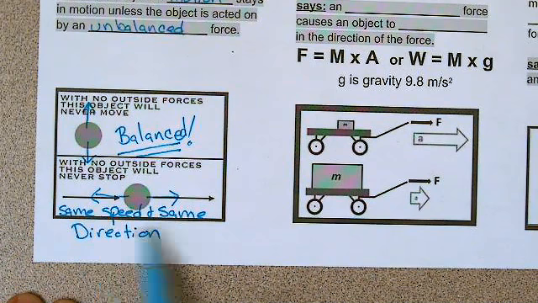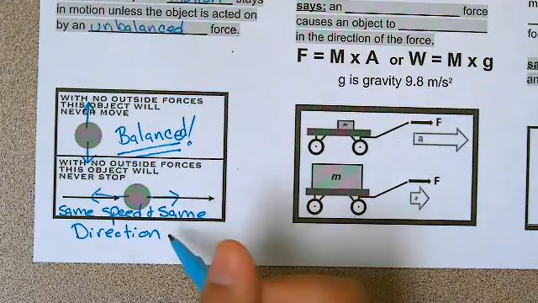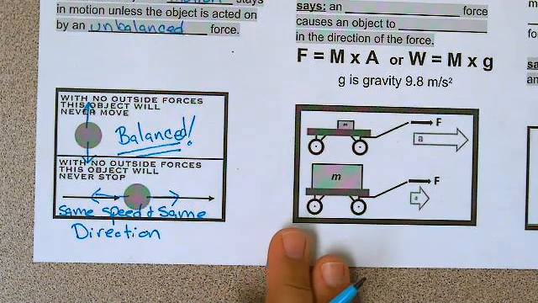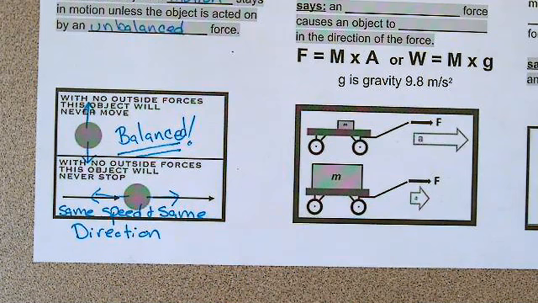Okay, so it ends up with the same speed going in the same direction. If it hits a rock, the rock's going to apply an unbalanced force which would cause it to change its speed or change its direction. But when everything is balanced, it has inertia going at the same speed, the same direction. It doesn't want to change.